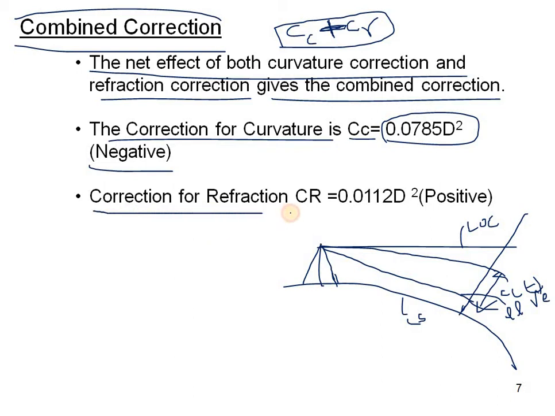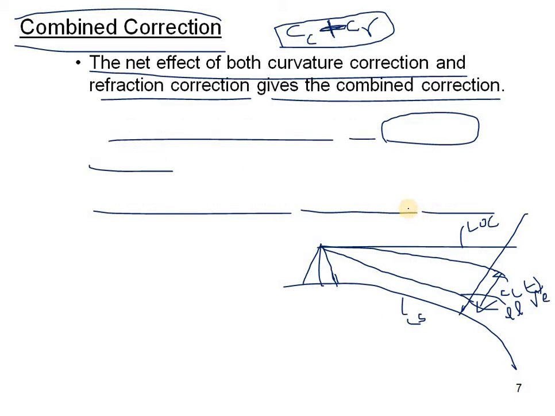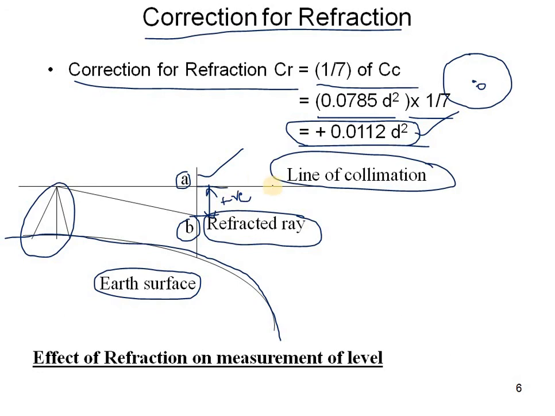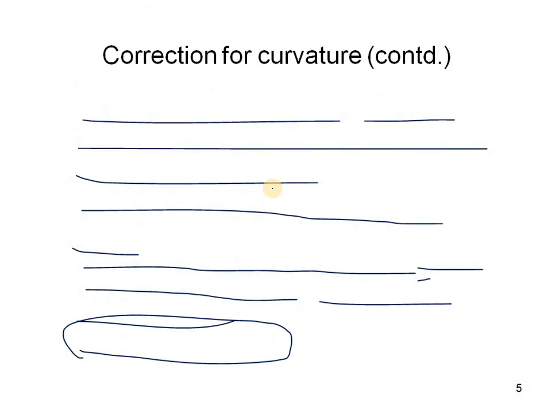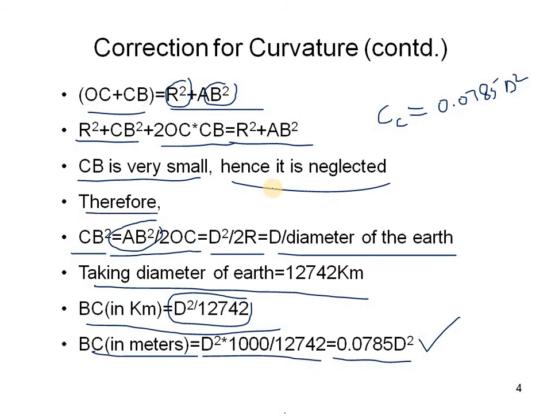The correction for refraction CR is equal to 0.0112 d square, that is positive. We can observe the refraction and curvature are in a similar position as per the previous diagram.